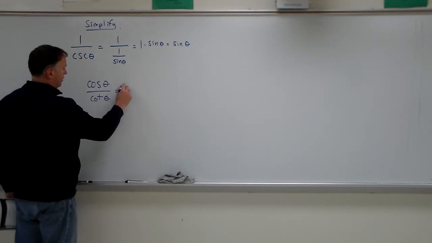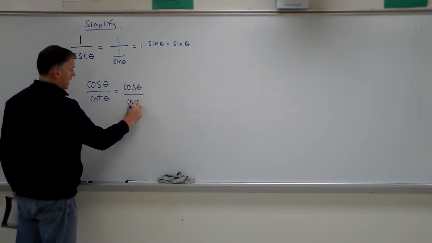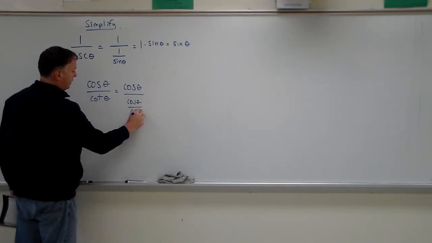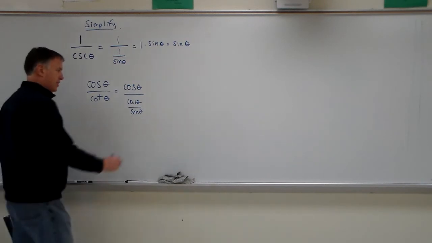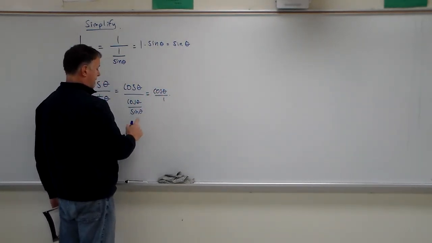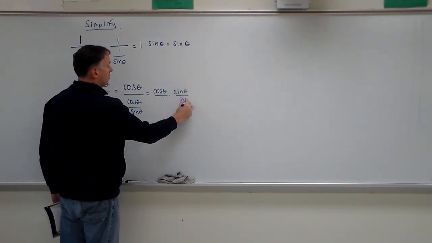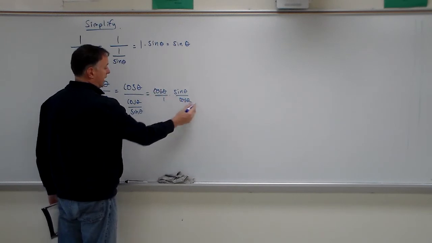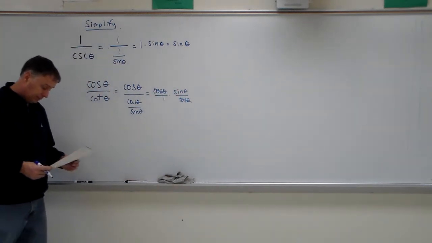So this would be cosine of theta over cosine of theta over sine of theta. And again, dividing is the same as multiplying by the reciprocal. So this is equal to cosine of theta times sine of theta over cosine of theta. And then my cosine of theta is canceled, and again, my answer is sine theta.